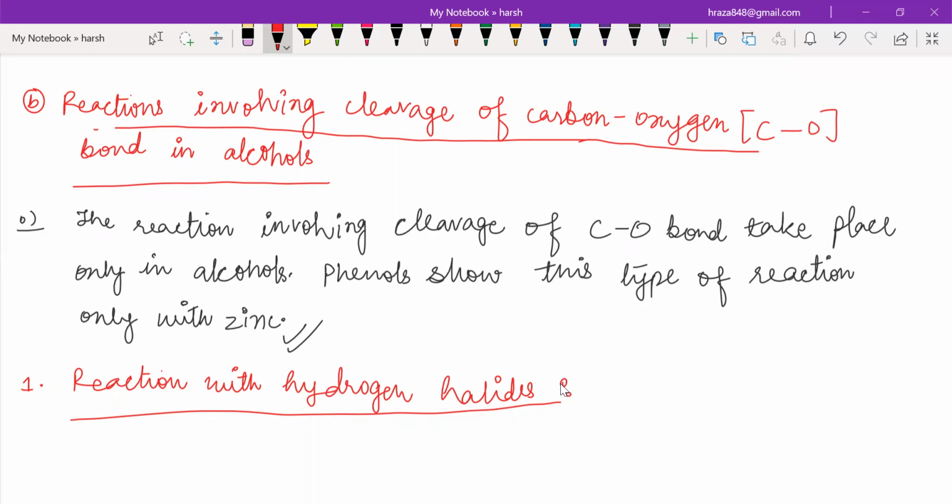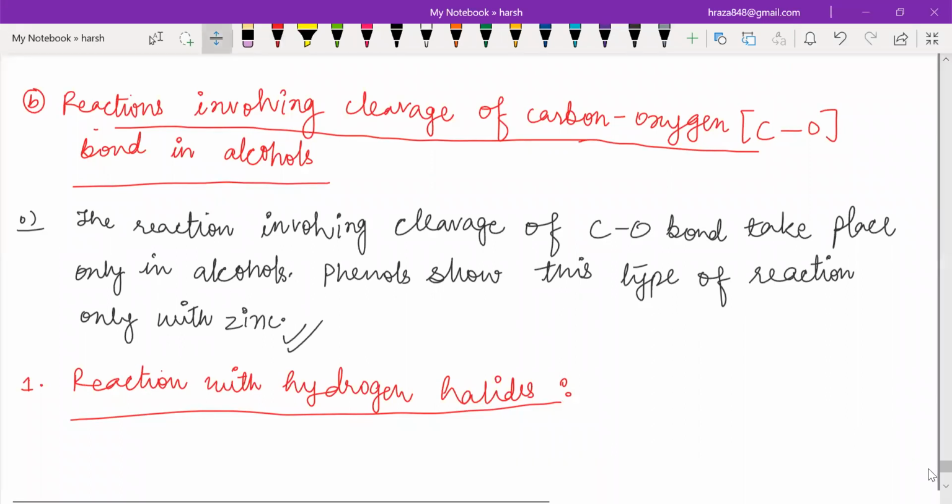Done, sir. Very good. So see, there is reaction with hydrogen halides of alcohols.